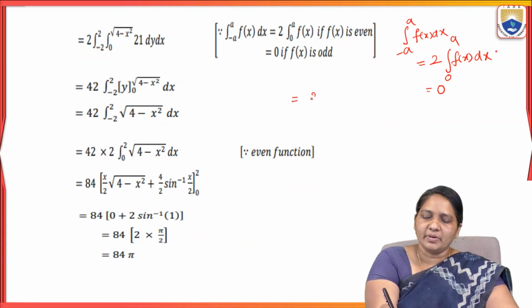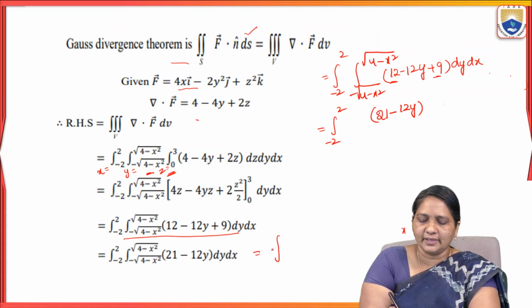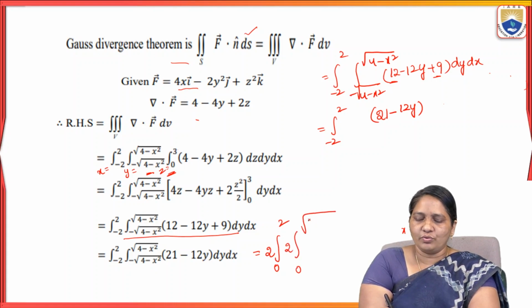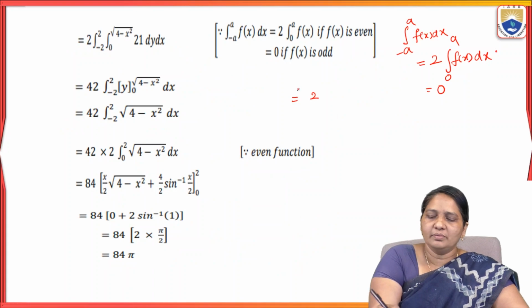So now based on this, we can write this as 2 times the integral from 0 to 2, and 2 times the integral from 0 to square root of 4 minus x square, of 21 minus 12y dy dx. That is what we wrote here based on this.